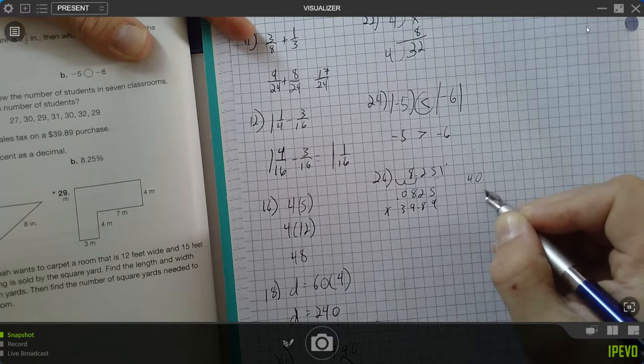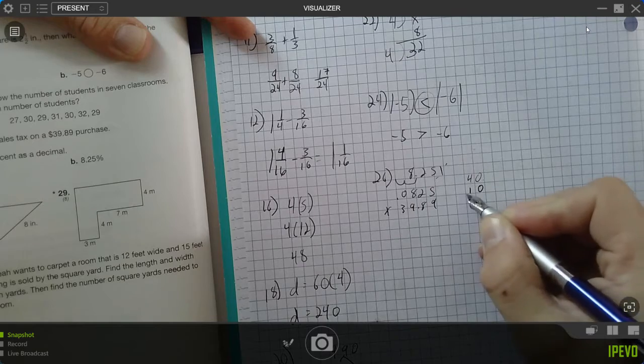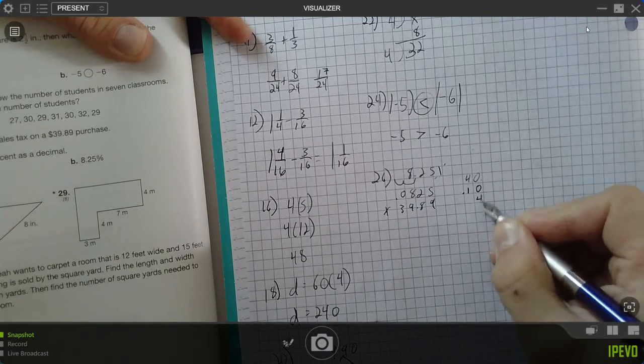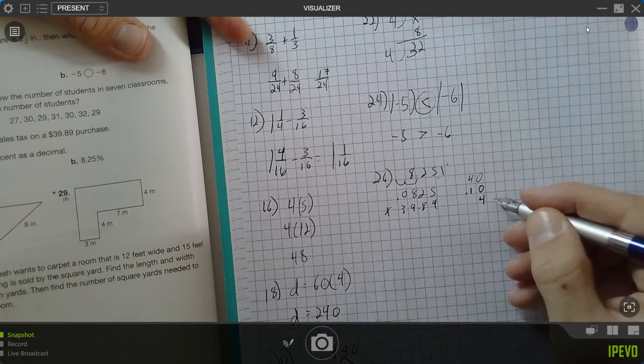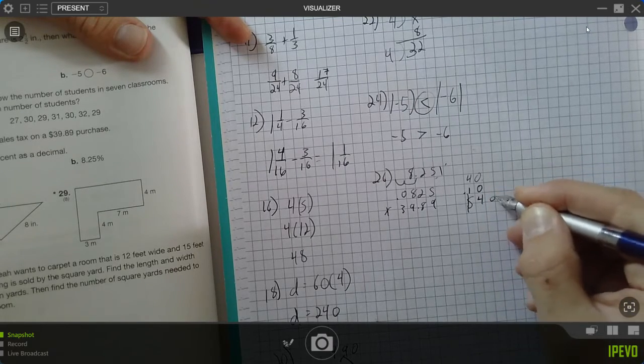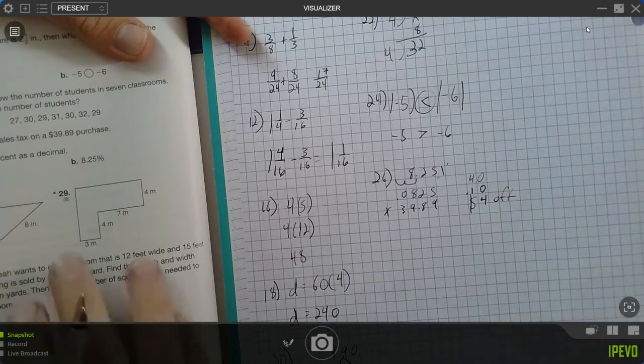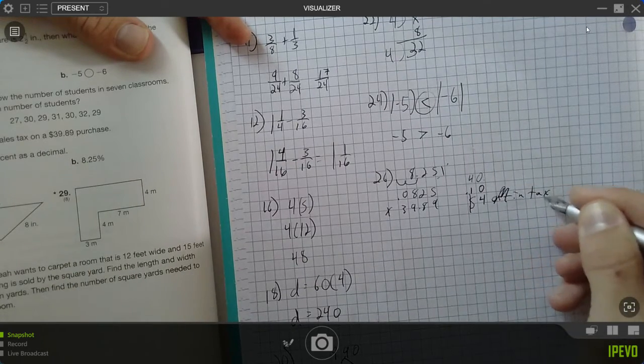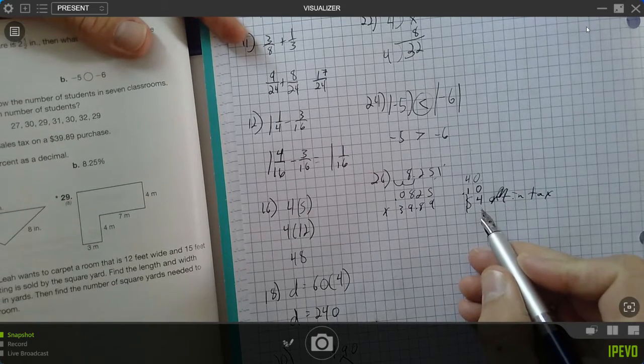So rounding up to 10%, okay, 0.10. So that would be 4. So $4 extra in tax. Okay, it's going to be somewhere similar to $4 in tax.